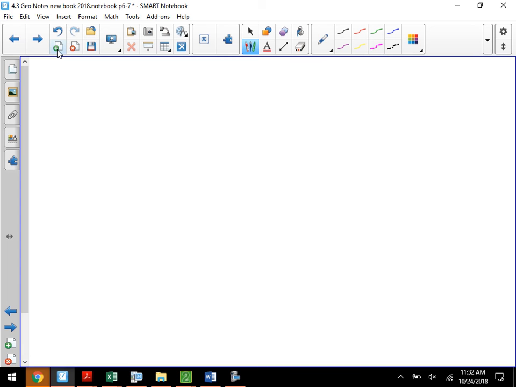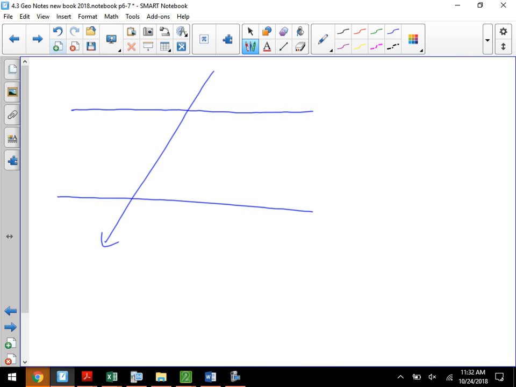So you might want to write this down in the notes here. We'll go back to this proof in a second. So here, do you remember what these symbols mean?